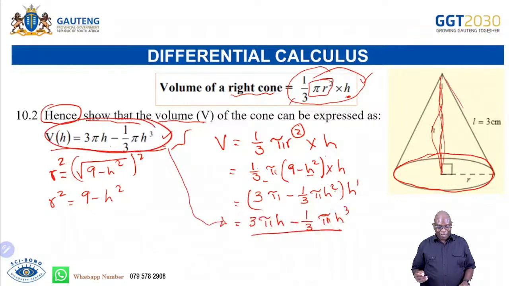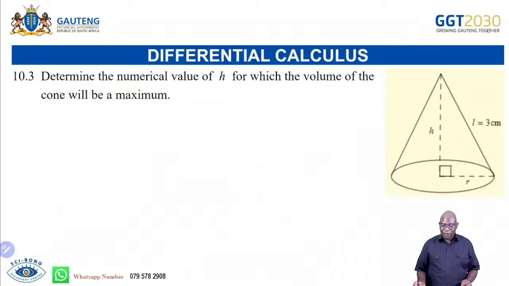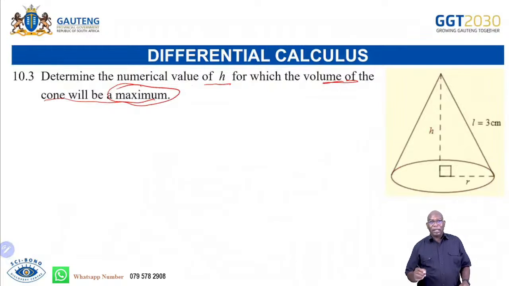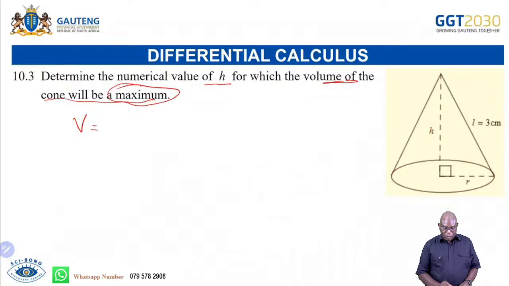Okay. The last question here is: determine the numerical value of h for which the volume of the cone will be maximum. When I see that word in differential calculus, I know I must differentiate. So I'll have V equals, remember now our new one will be, the formula there is 3 pi h minus 1/3 pi h cubed.